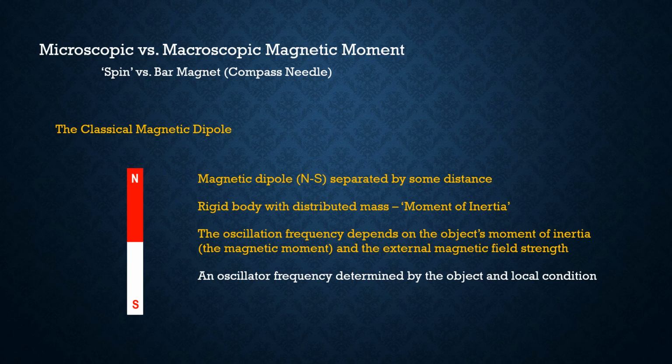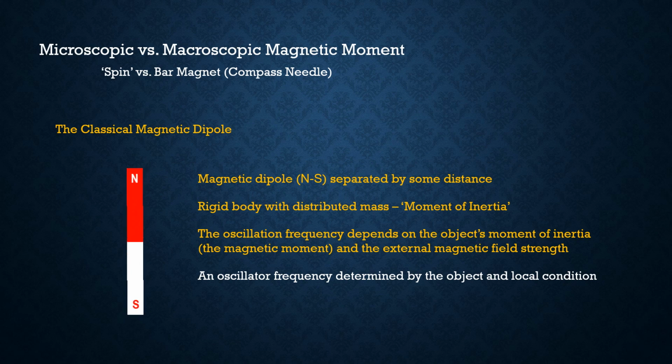So in the classic magnetic dipole, there's a north-south separated by some distance. The object has a weight distributed over a volume, or in this case, a two-dimensional model, an area. And when it is put in the magnetic field, it develops a little bit of a wobble.